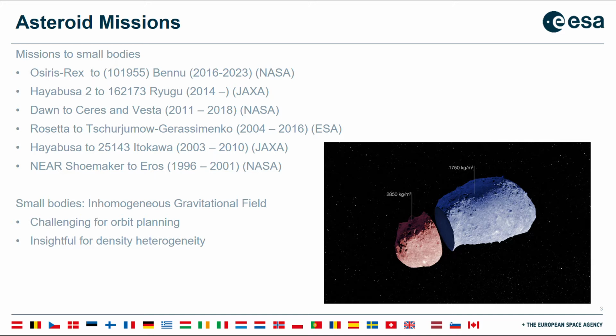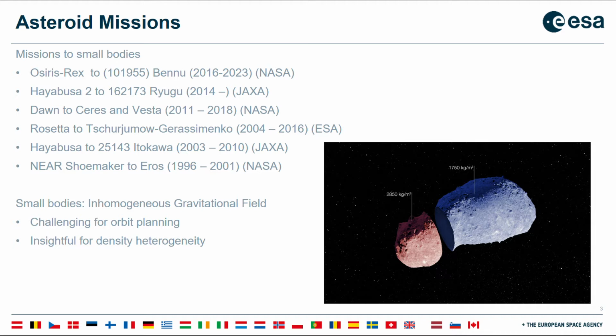But the density heterogeneity can also be very insightful, because as you see here on the right, on asteroid Itokawa, it was found that this head, here colored in red, had a much higher density than the rest of the asteroid. So even almost twice as much.